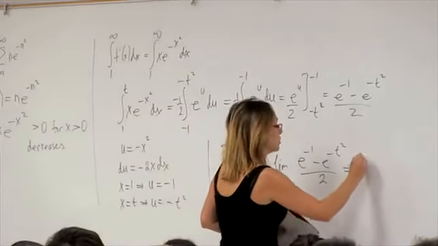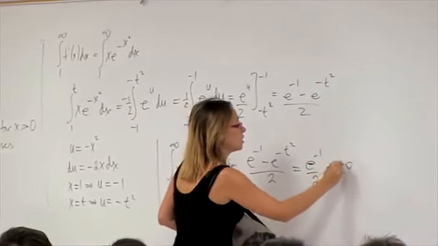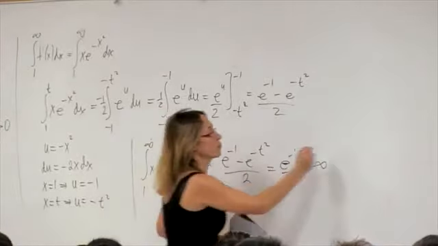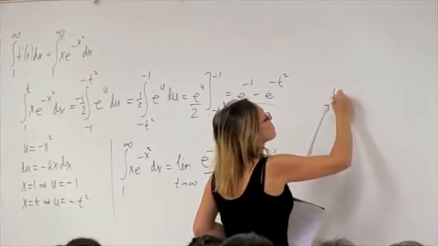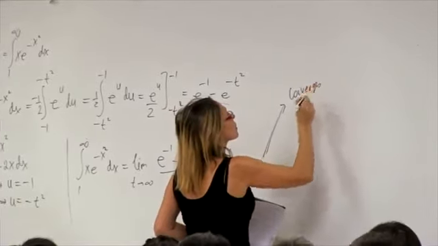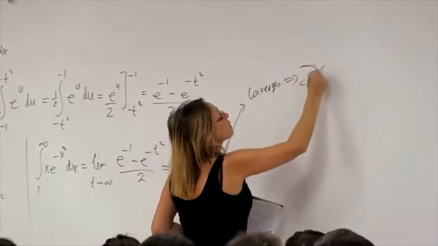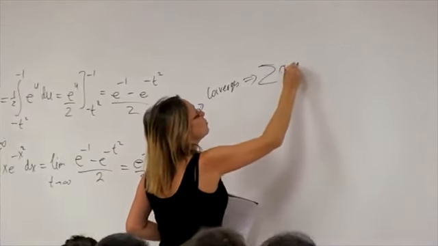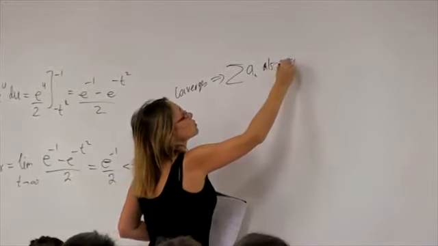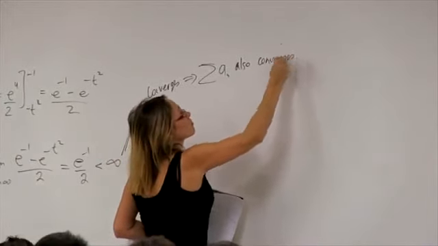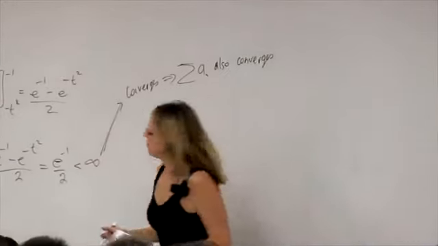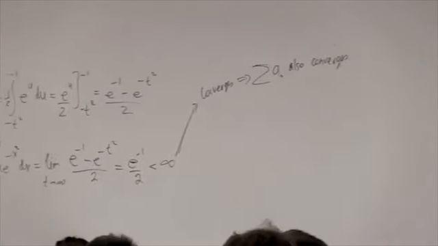I get e to the minus 1 over 2. So the integral converges, right? Therefore, a_n also converges. Okay, so this is a method that works here.